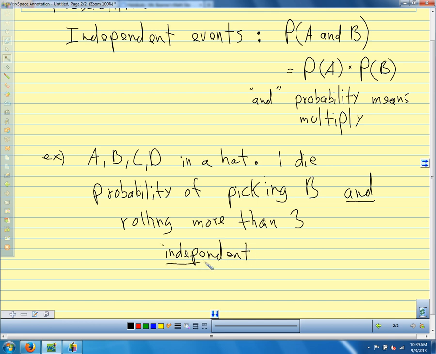And the other clue is we said and. Independent means multiply. So when we have independent events, we're going to multiply the probabilities of the two parts together.